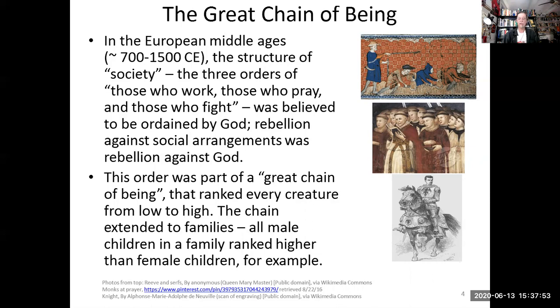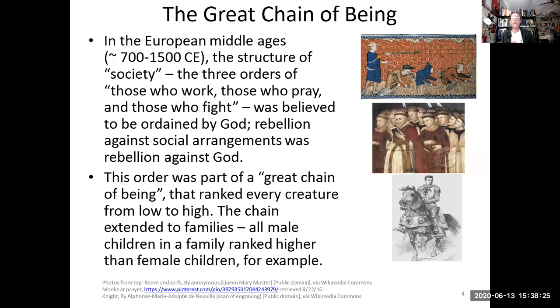This idea was the structure of society was established by God in the beginning. Everyone was assigned to a particular place within this order, and monks and clerics actually compiled lists ordering every type of person and thing. This chain ran from God all the way down to the smallest insect. And every being was part of it.